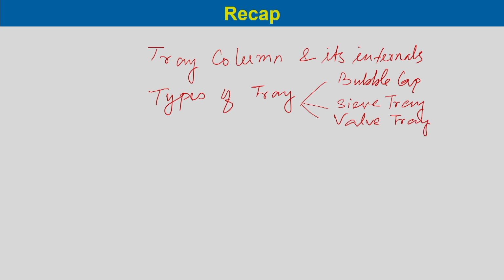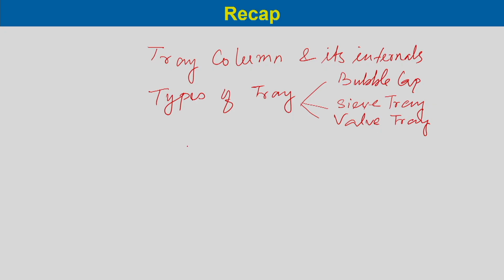Valve trays are proprietary trays which are used for tray columns, but for bubble cap and sieve tray, detailed information is available in the literature for their design. And then we have seen what are the different conditions that occur in a tray column when we change the gas and liquid flow, and how flooding and entrainment occur.